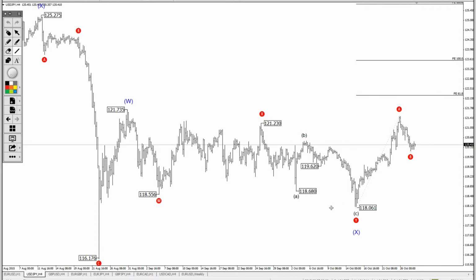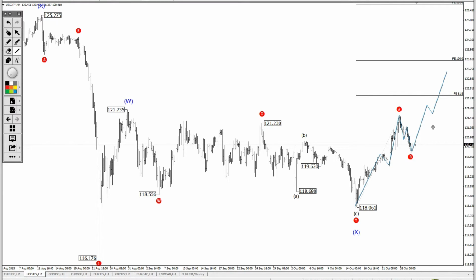We can see from the low of 118.06 a three-wave structure as wave A or as wave W, then a three-wave structure as wave B, and now a similar structure can be expected to form to the upside.